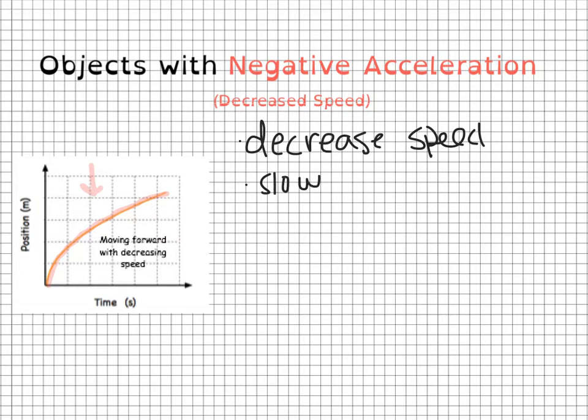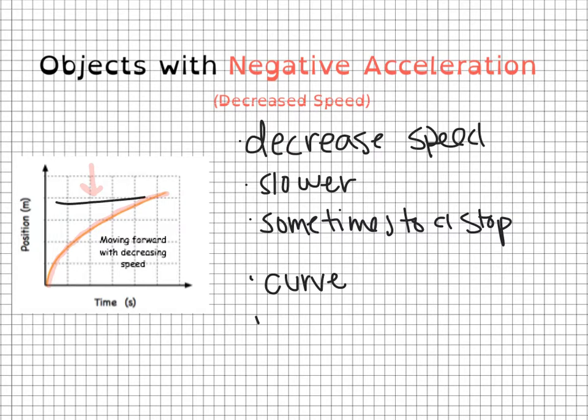Usually the slower ends up leading to a stop. So it goes sometimes to a stop. And then we are seeing a curve again. And notice how, this is what I was trying to say before I got ahead of myself, notice how this line is a lot flatter. Our acceleration line, positive acceleration, looked like this.